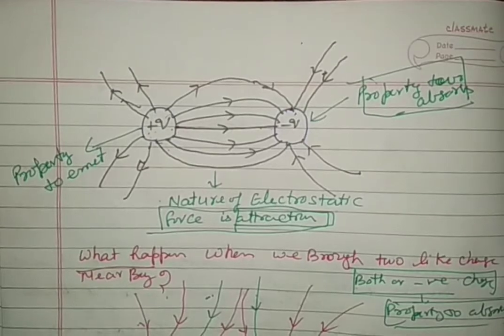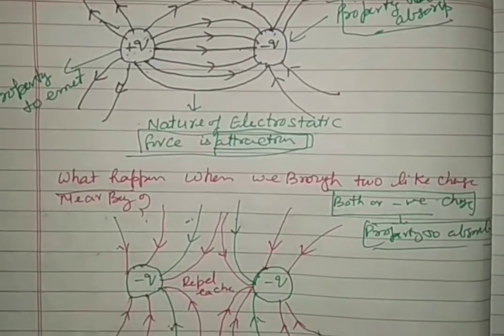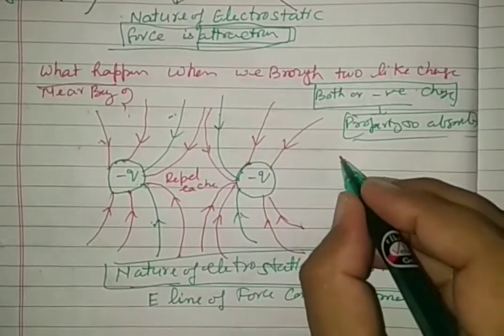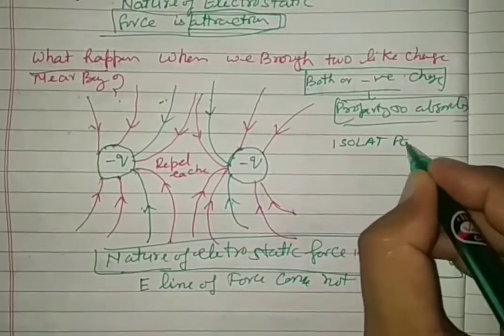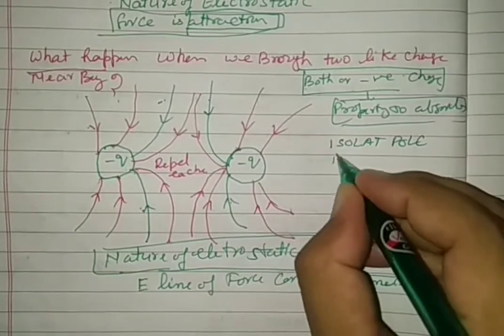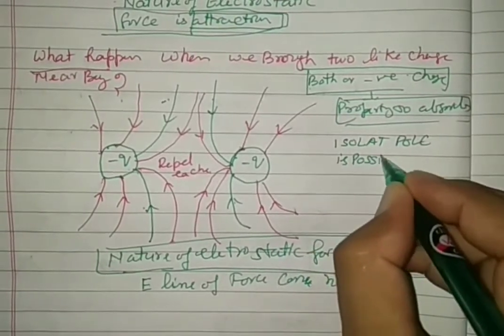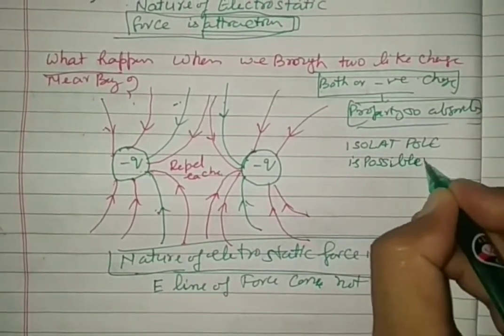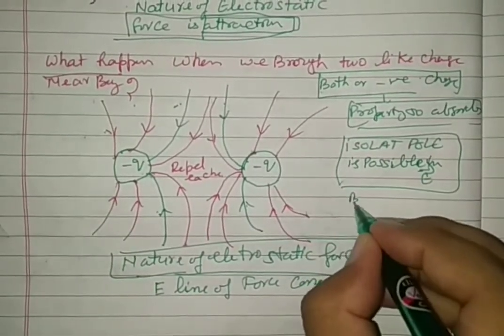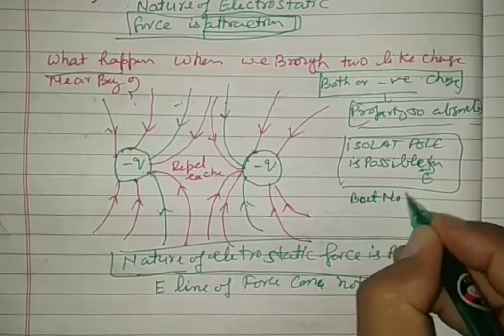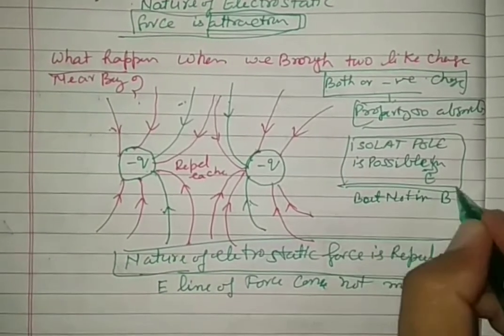But here in this case, see very carefully, an isolated pole is possible in an electric field but not in a magnetic field.